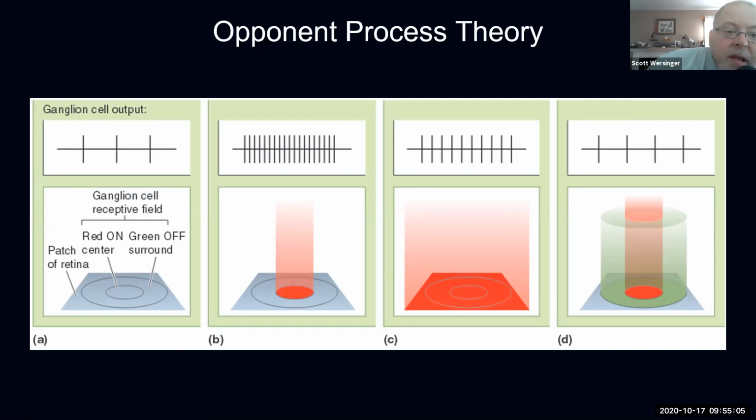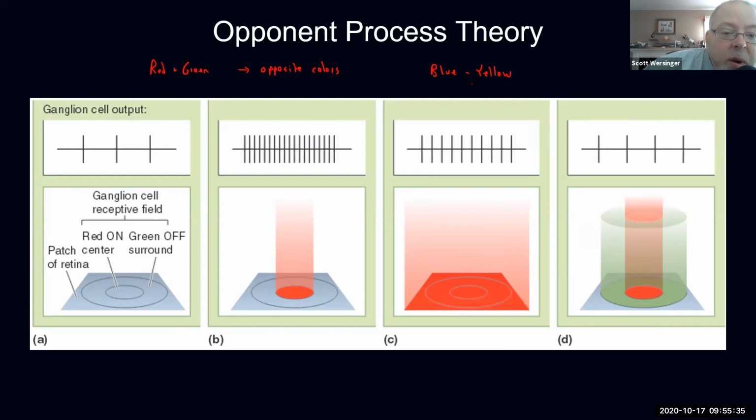Okay, so here we talk about red and green. In terms of this, those are sort of opposite colors. So red is going to excite, green is going to inhibit. There's also blue-yellow.